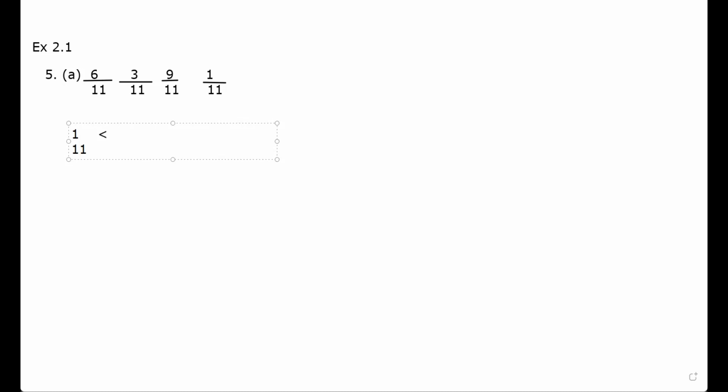Then this number 3, it is 3 upon 11. After that, 6 upon 11. After that, 9 upon 11. We need to put this sign as well.